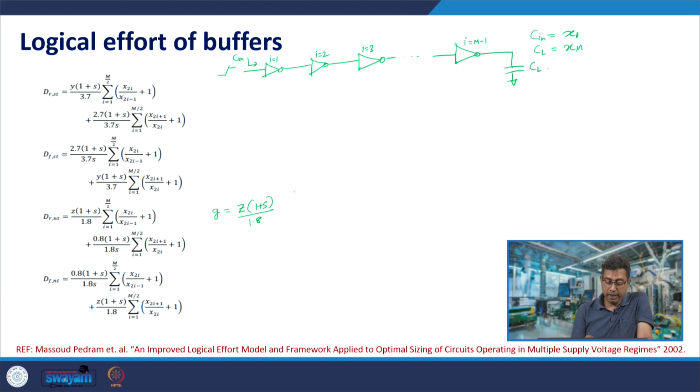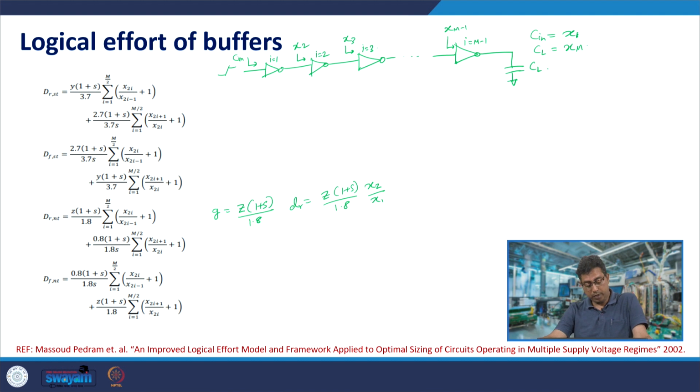So, what is the delay of an individual stage? For input rising, it would be Z into 1 plus S by 1.8 times, for the first stage, X2 divided by X1. Here the capacitance is X2, here it is X3, and here it is Xm minus 1.